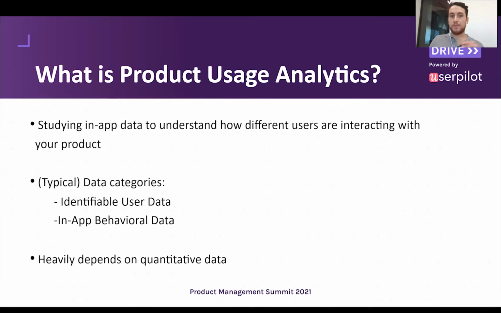And this all heavily depends on quantitative data, like actual real data, number of clicks, number of page views, etc. And I should mention that identification can be on a user level or an account level, but behavioral data is almost always on a user level. So if a user clicks somewhere or visits a page, this is all going to be user data.